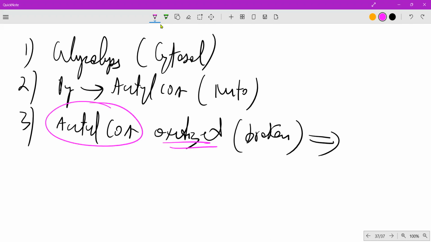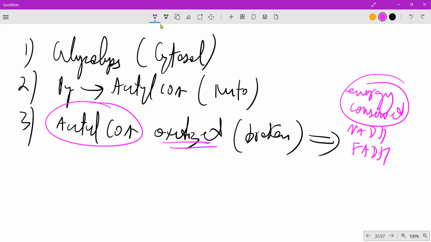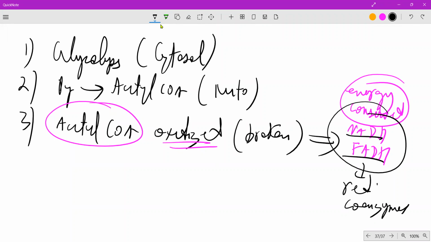And that energy is conserved in the form of NADH and FADH. We call them reduced coenzymes. They are energy rich.